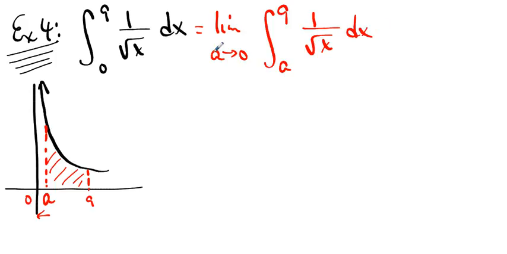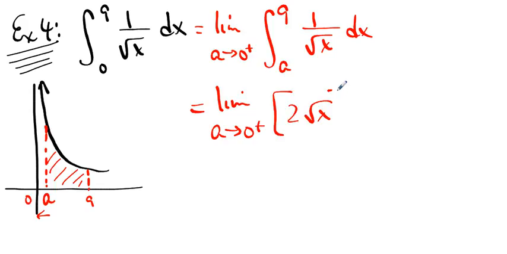It's as a approaches 0 from the right, incidentally. So what does that mean? It's the limit as a approaches 0 from the right of the antiderivative between a and 9. So how does that work?